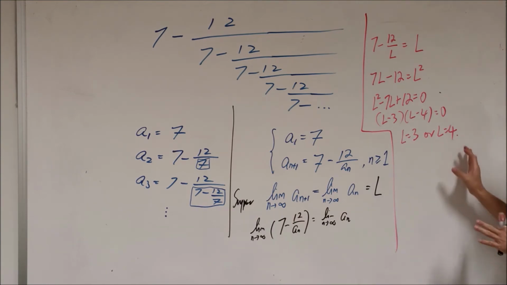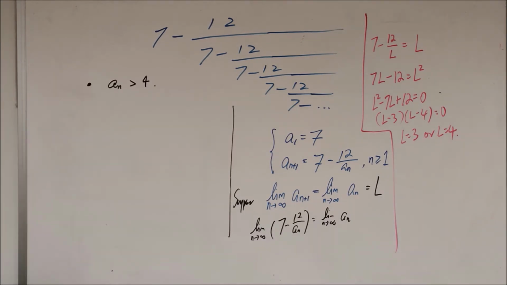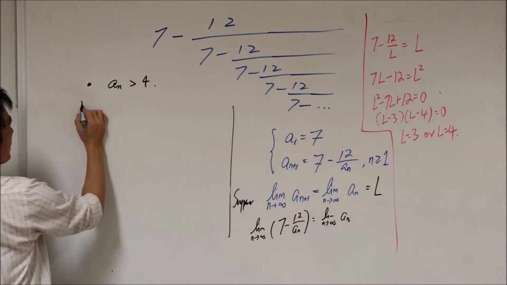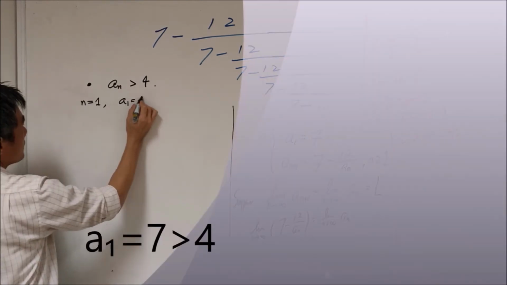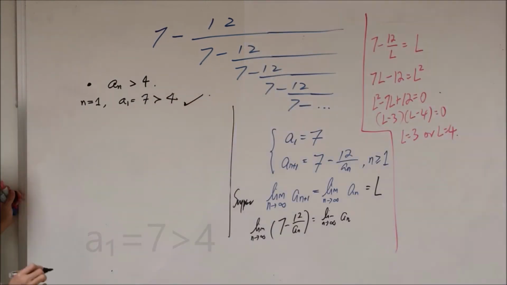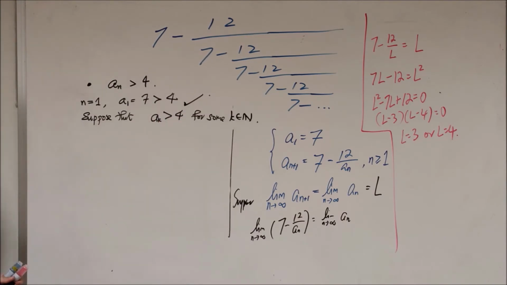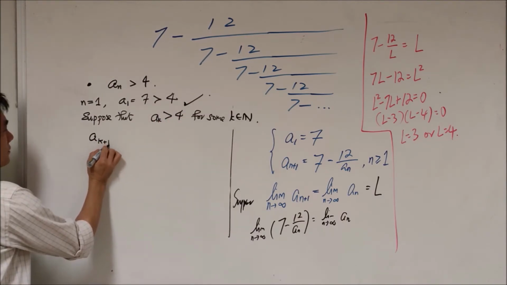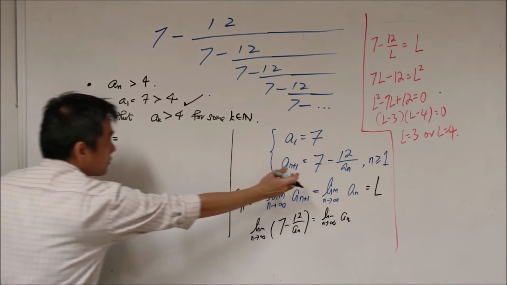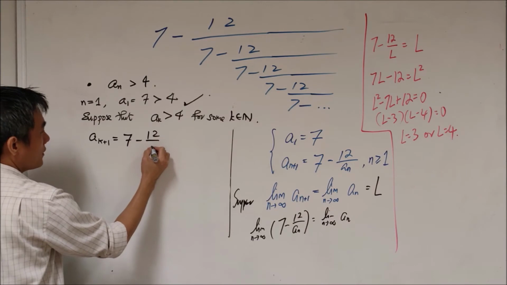So how are we going to determine whether the answer is 3 or 4? In order to get the answer, we claim that An is always greater than 4, and we will prove this by induction. When n equals 1, A1 equals 7, which is greater than 4. That is correct. Suppose that Ak is greater than 4 for some integer k. Then Ak plus 1, according to this relation, equals 7 minus 12 over Ak.